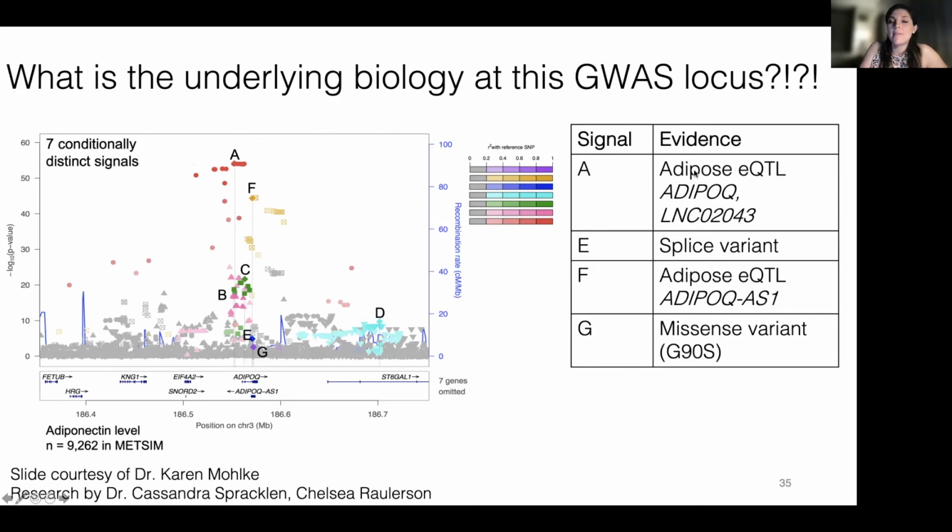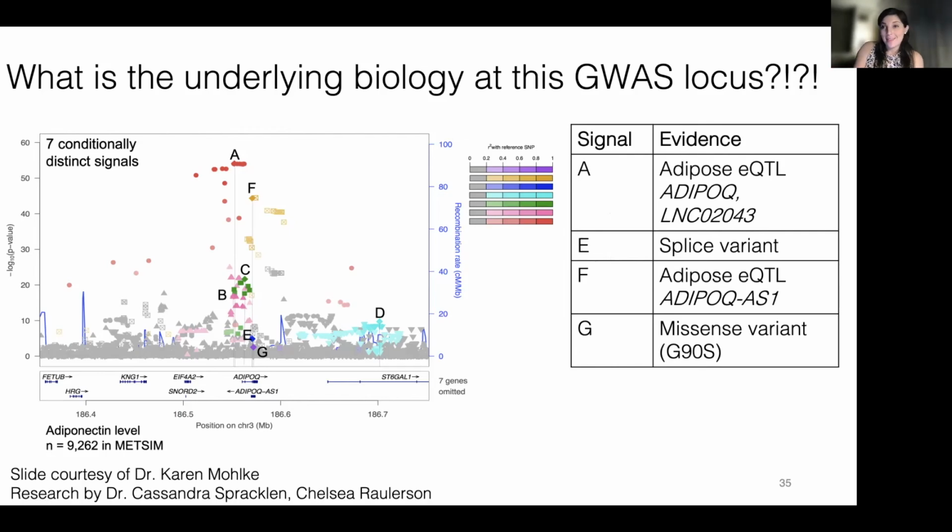So great, it's in a relevant tissue. E happens to be a splice variant, so it changes how the gene is spliced, what exons and introns are put together. F is another adipose eQTL, and G is actually a missense variant, so that's a little more straightforward. It's a mutation in the coding variant that's affecting the amino acid in the protein.